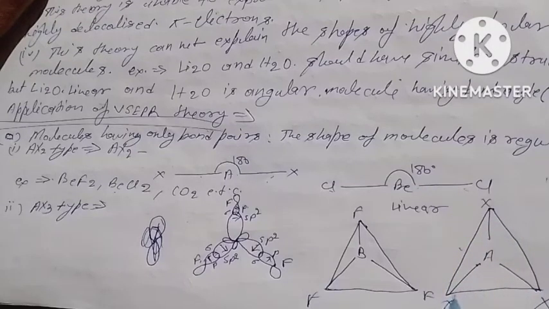Three orbitals are needed for the bond pair electrons. Hybridization is sp3.